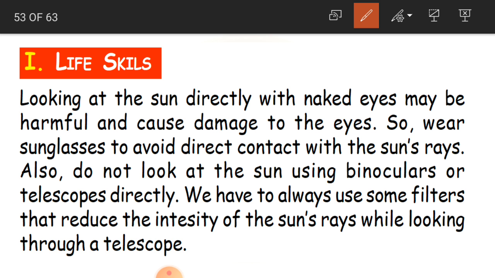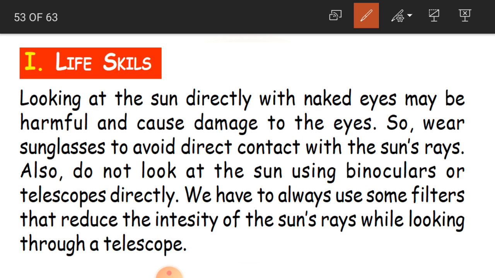See, children, this is a very good piece of advice for everybody, and you have to follow this, because normally when we try to see the sun directly, we cannot keep our eyes wide open. We blink. Why?